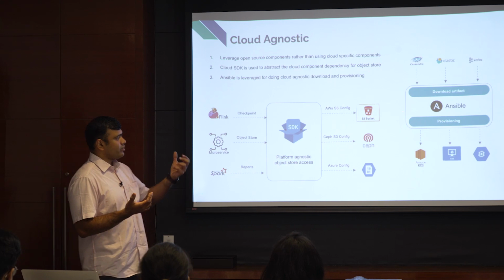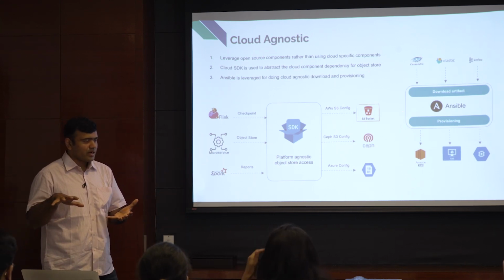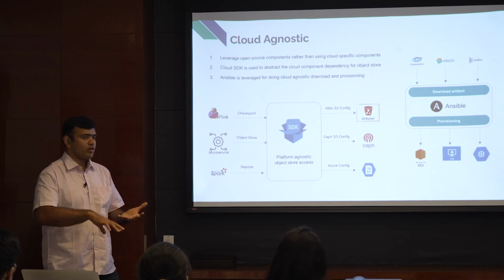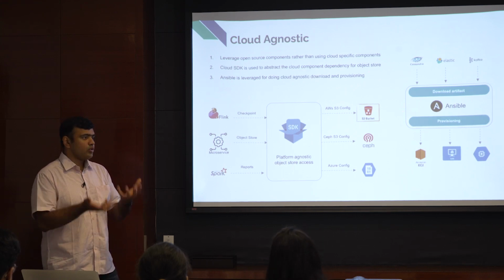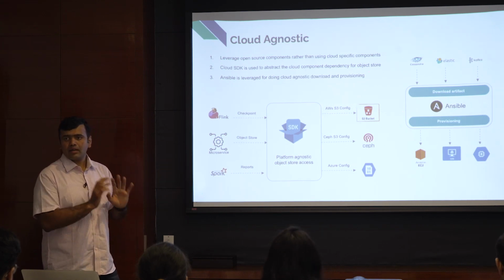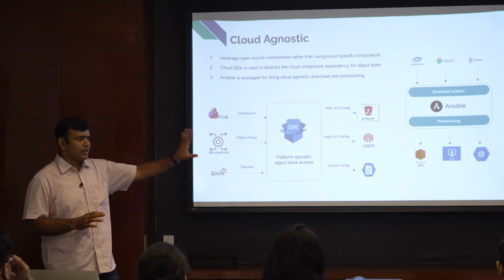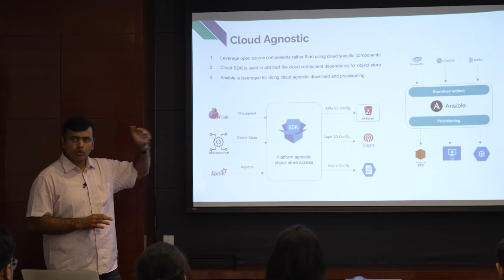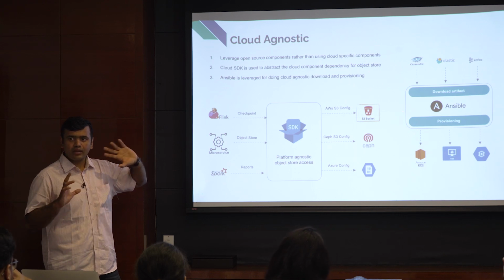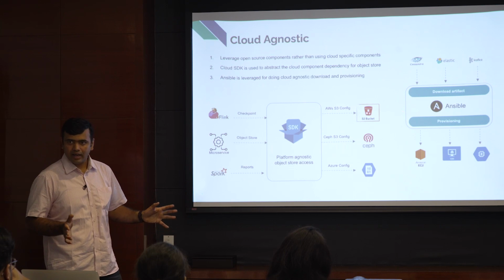So we said you can have a VM on any cloud provider, but as long as you have an operating system which is Ubuntu 18 or 20, we have open source Ansible scripts to set up Keycloak, Cassandra or Postgres, all of that gets taken care of by Ansible. These are two important decisions we took to ensure that we are cloud agnostic, because a VM is a VM in any cloud.